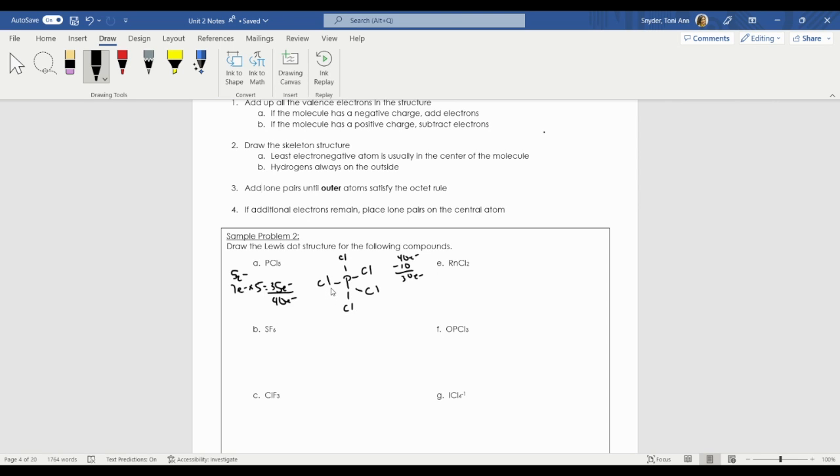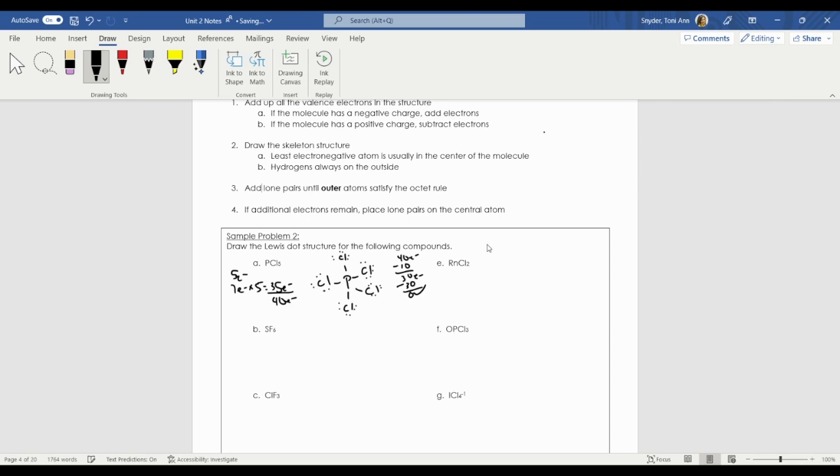You might recall chlorine should have 3 lone pairs. So let's make sure we start counting, because hopefully we get up to 30. 1, 2, 3, 4, 5, 6, 7, 8, 9, 10, 11, 12, 13, 14, 15, 16, 17, 18, 19, 20, 21, 22, 23, 24, 25, 26, 27, 28, 29, 30.